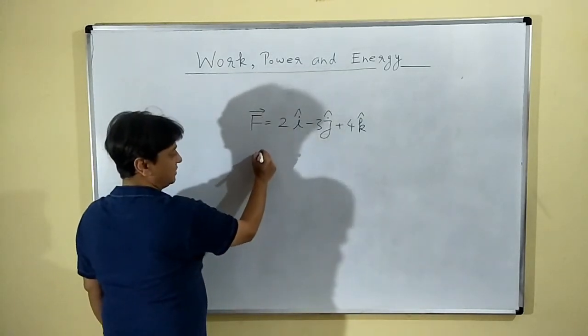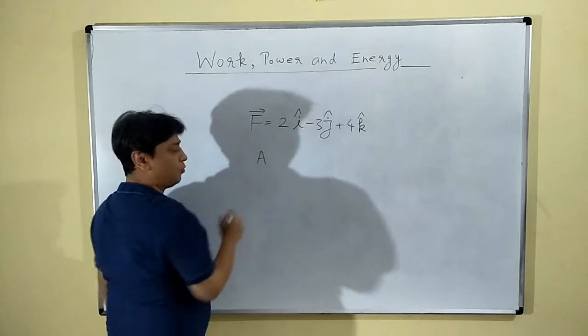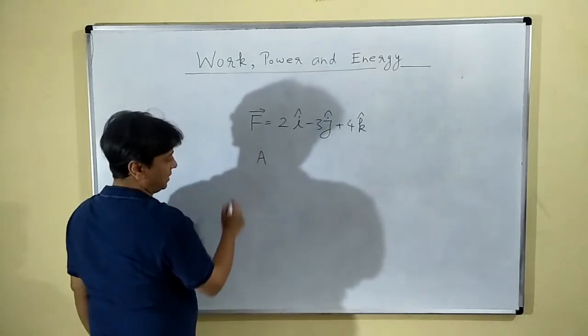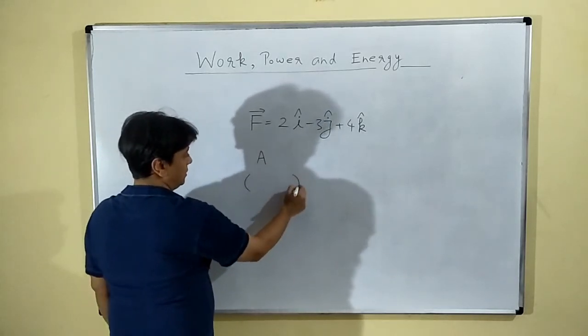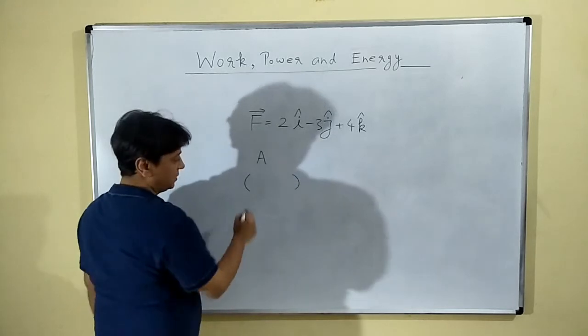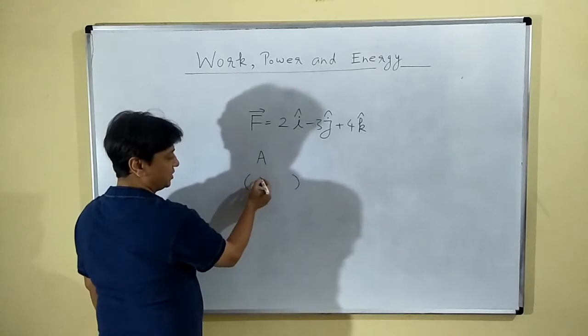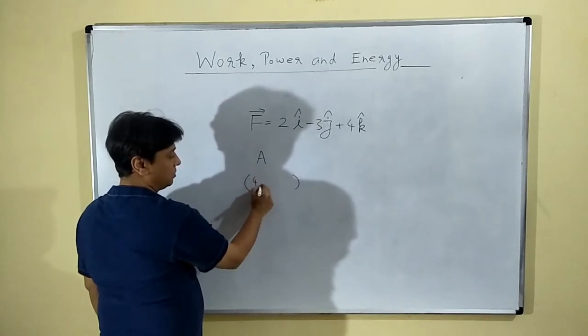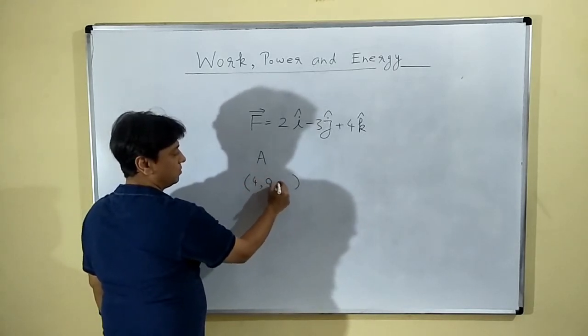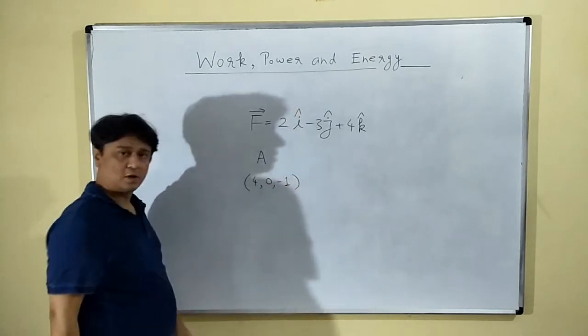And it's given that the object moves from position A. Now, how do they define this position A? In this form, its coordinates are given. Something like this: 4, 0, minus 1.